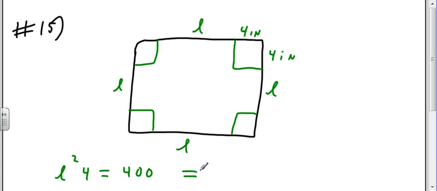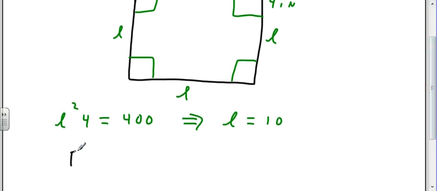Clearly implying that L is 10. So the original piece is going to be 18 by 18. So final answer, 18.0 inches by 18.0 inches, because I have 3 significant digits.